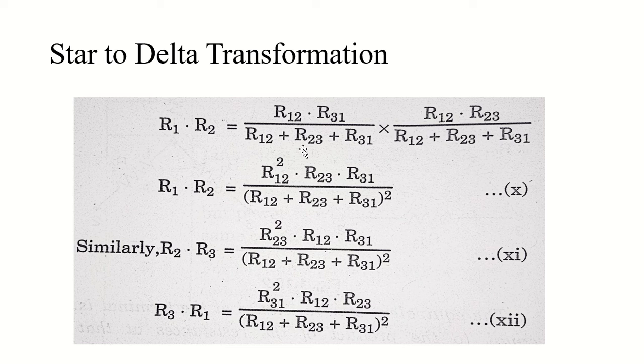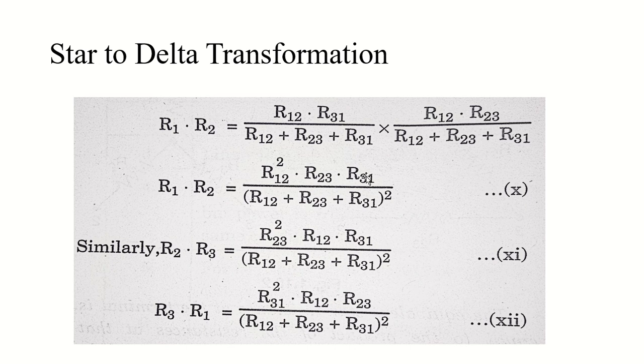Now we are multiplying, right? The denominators are equal, so we will get the square of the denominator. And in numerator we are having R12 twice, so we'll get R12 square and then R31 and R23 as it is here.